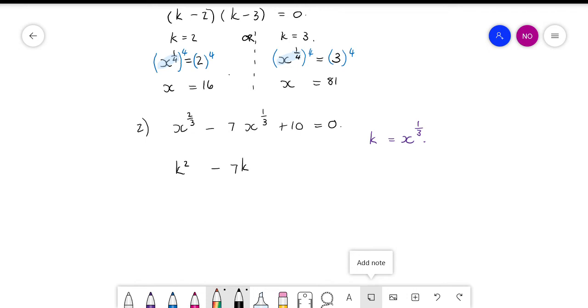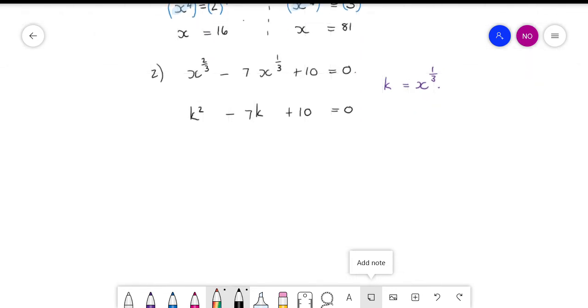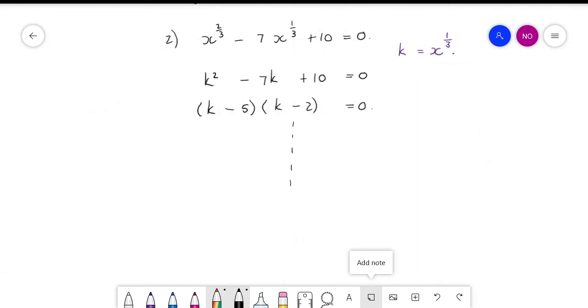This is minus 7k and this is plus 10. Why did we do it? So that we can factorize this. You all still with me? Good, good. And now I have two different solutions. K is equal to 2 or k is equal to 5.